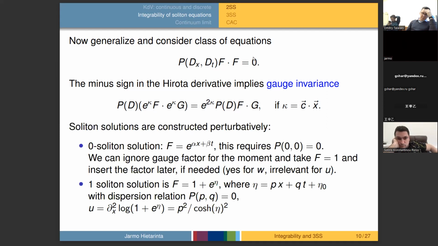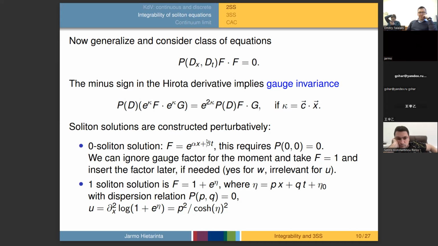Okay, then we construct solutions to this equation. It could be KdV or it could be something else. We start with the one-soliton solution, which is either f is 1 or it could be a phase factor. And this will be a solution, the trivial solution, if this P doesn't contain any constant.